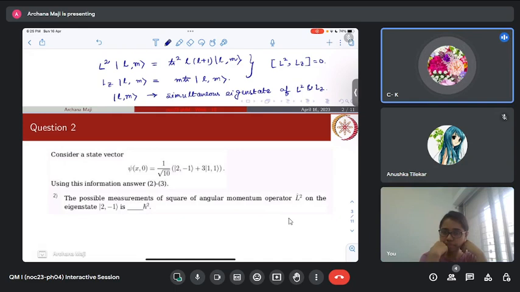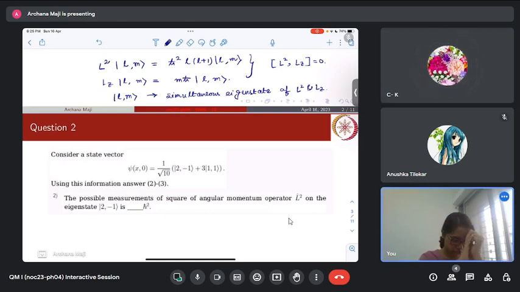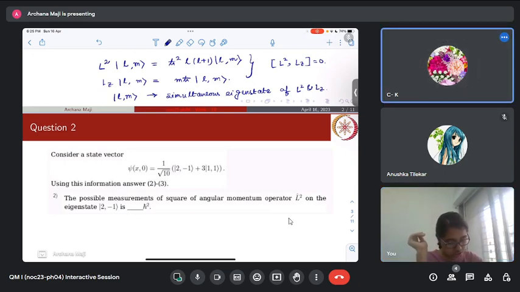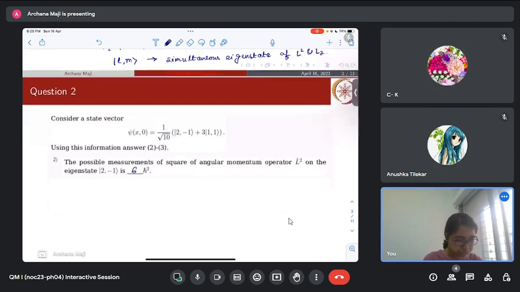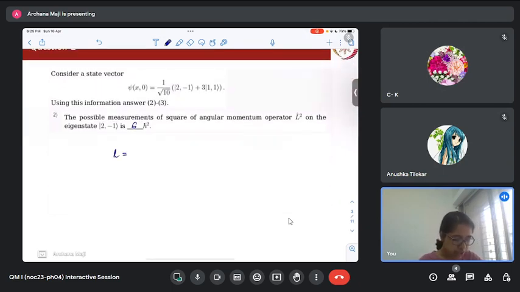It is 6 h square, because l is 2 here and m is minus 1. So that is the eigenvalue corresponding to L square.